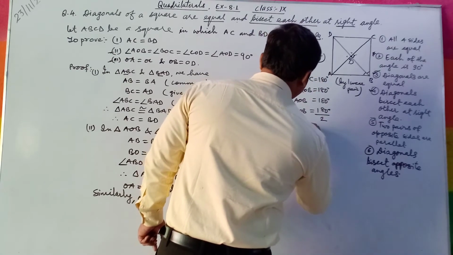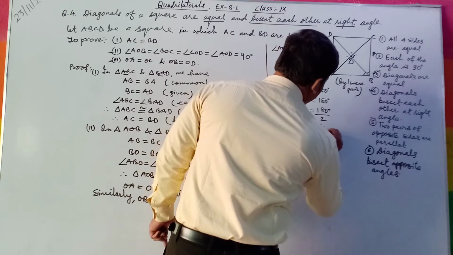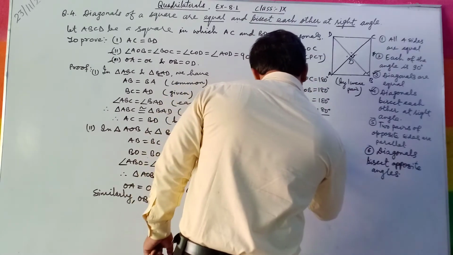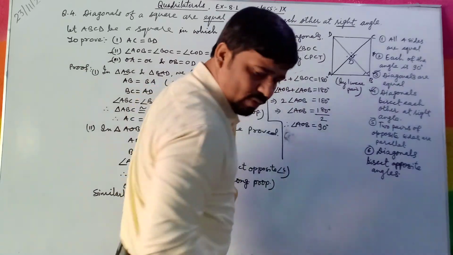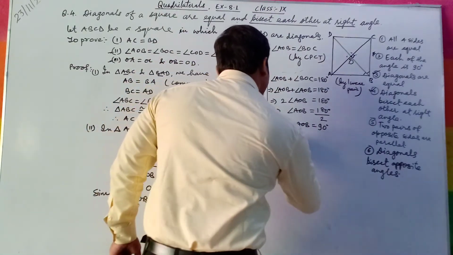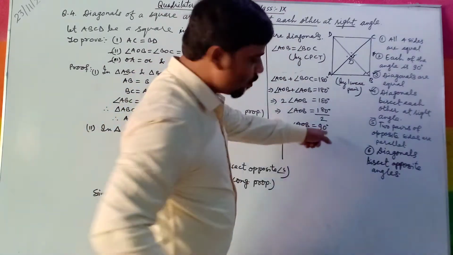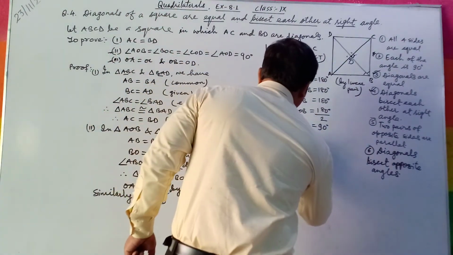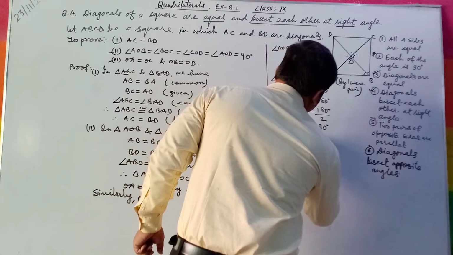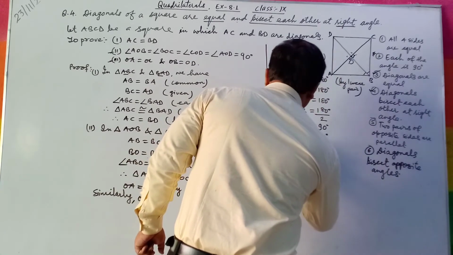Therefore, angle AOB equal to 90 degrees. Similarly, angle AOB came 90 degrees and angle AOB is equal to angle BOC. Therefore, angle BOC equal to 90 degrees.